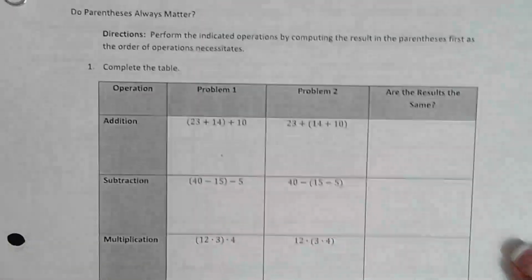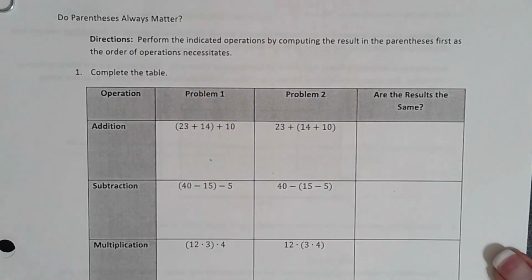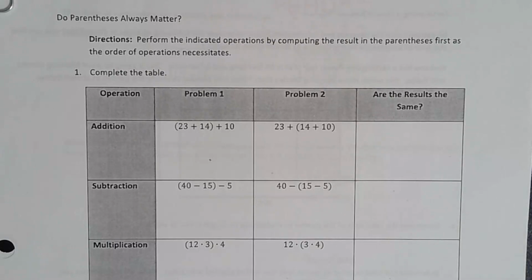Perform the indicated operations by computing the result in parentheses first as the order of operations necessitates. So what we're trying to find out here is addition, and the word is called associative. Associative means we are changing the parentheses. I always have tricks to remember everything.